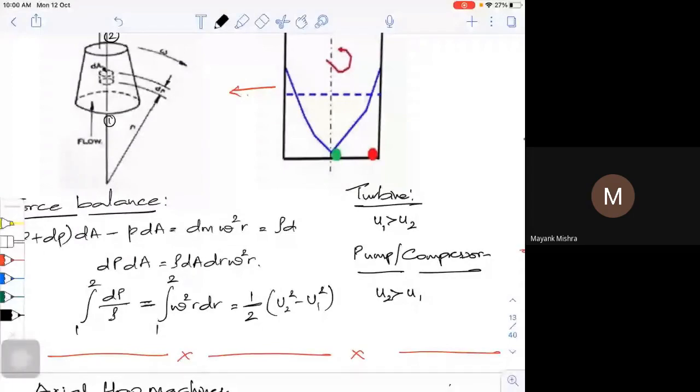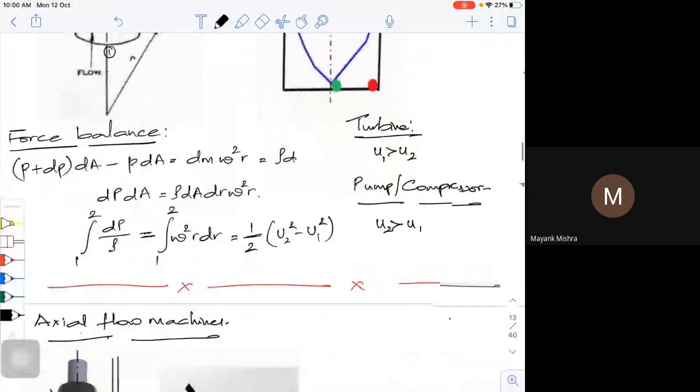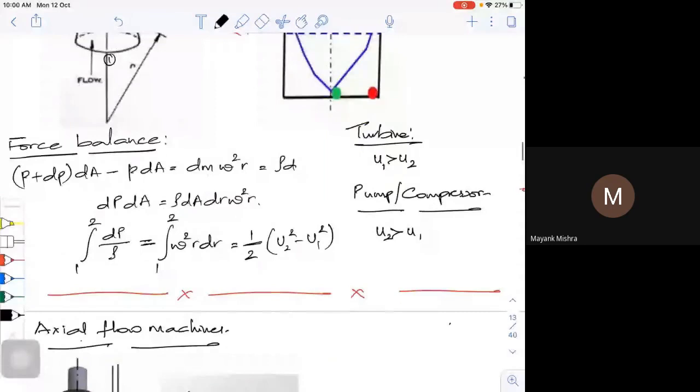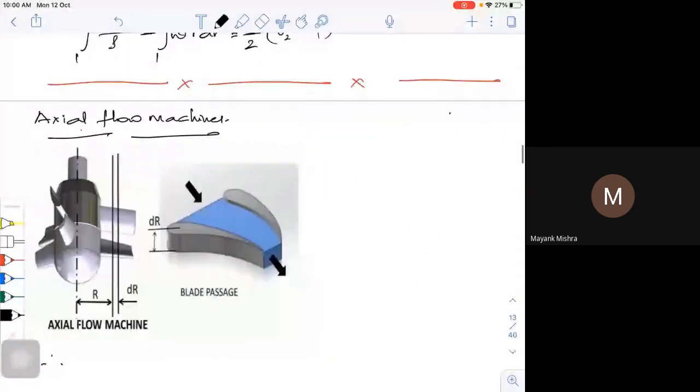Now we have done this derivation for a radial flow machine, that is (V2 square minus V1 square) by 2 plus (U2 square minus U1 square) by 2 plus the relative term. Now, when you come to an axial flow machine, what will happen?